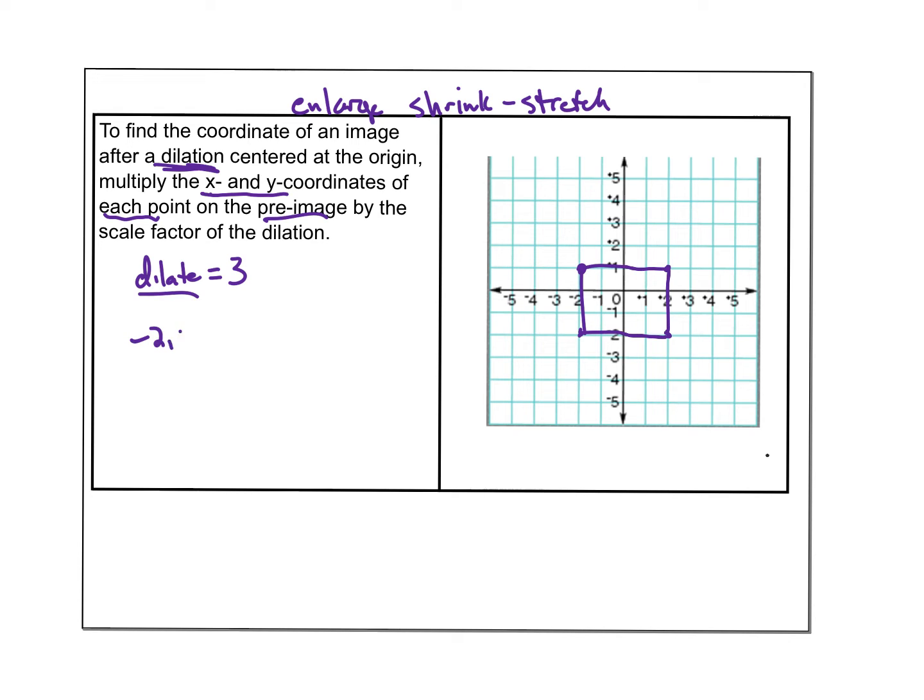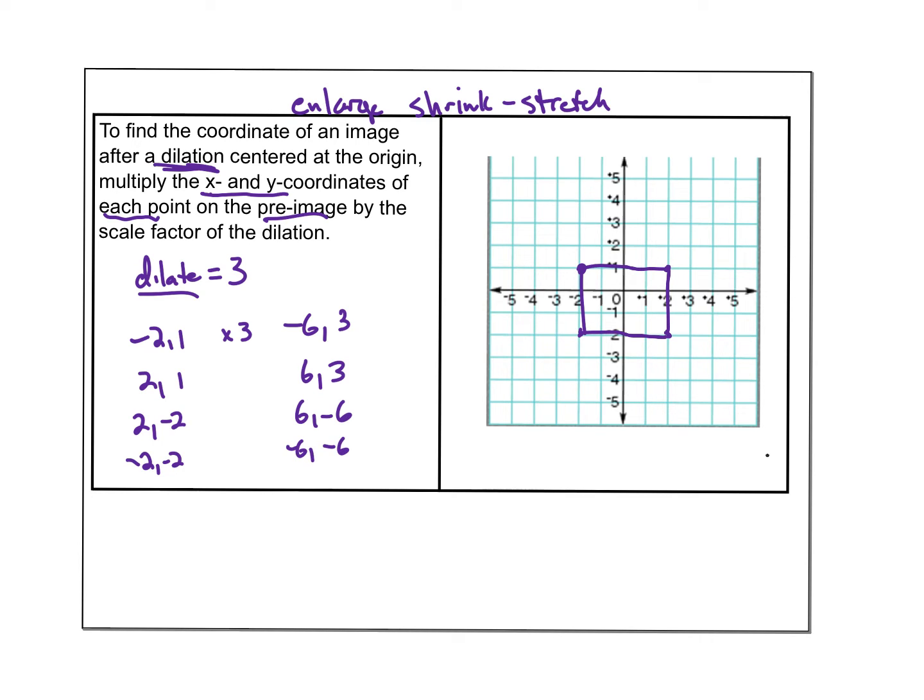So if I go -2, 1, I'm going to multiply both of those by 3, so that'll be -6, 3. Then I have 2, 1, same idea, 6, 3. Then I have 2, -2, so that'll be 6, -6. And then I've got -2, -2, so that'll be -6, -6.